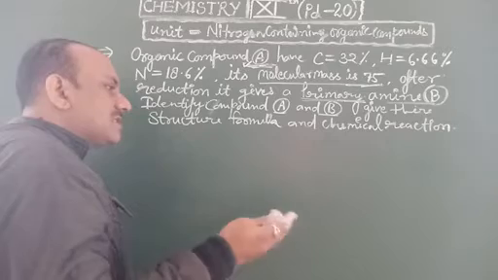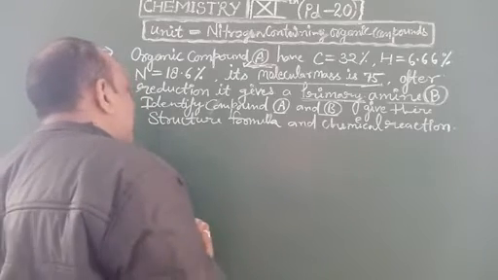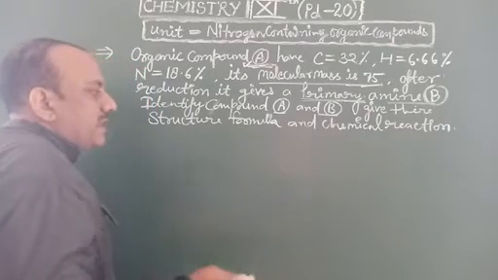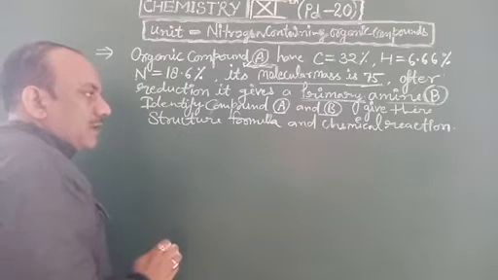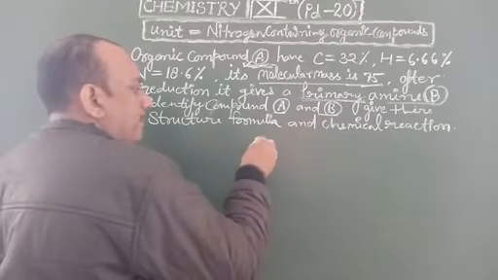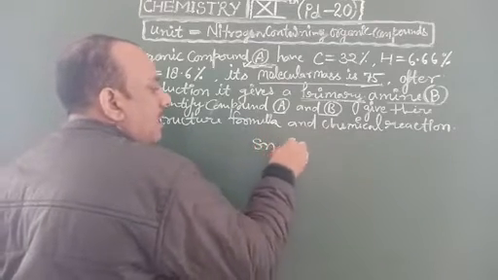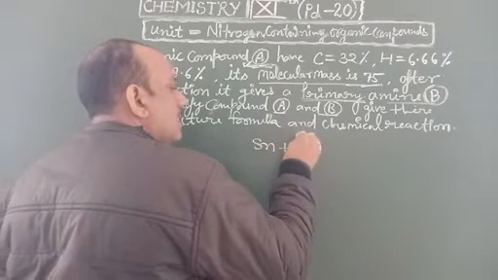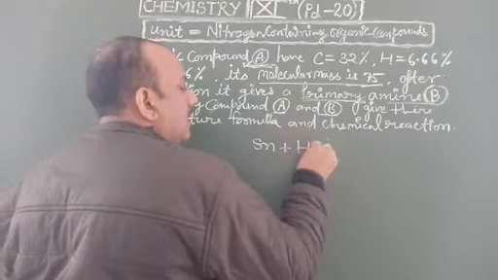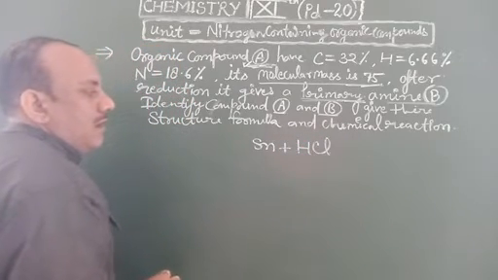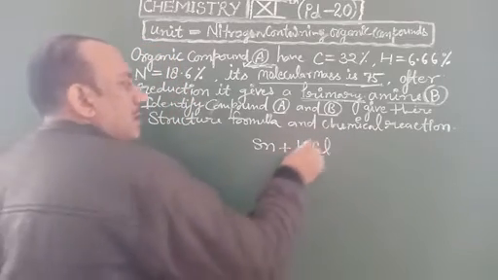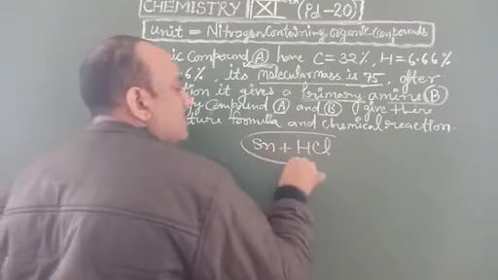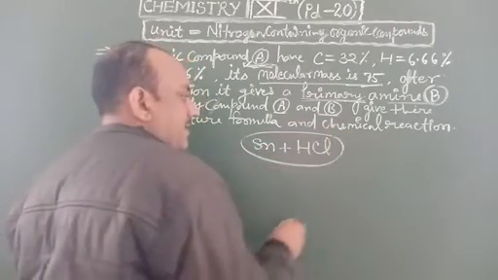Various types of compounds are available which give nascent hydrogen, such as tin and HCl, which give nascent hydrogen after chemical reaction.